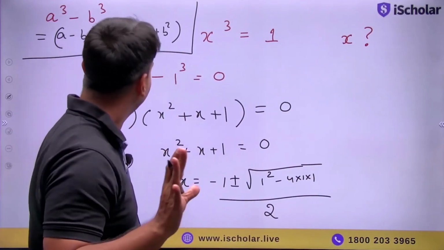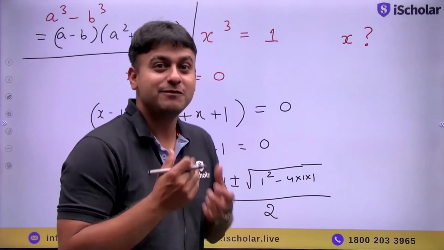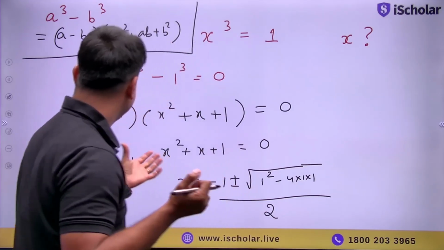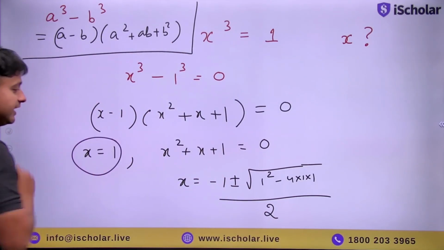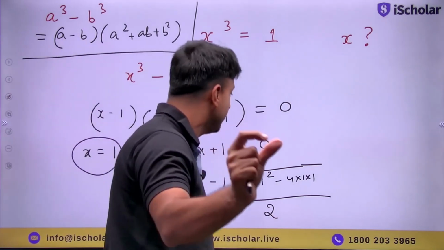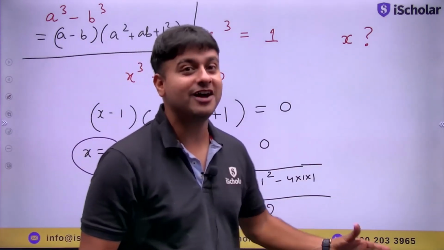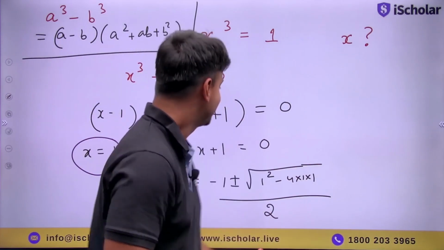Wow. Everybody would have thought that we might get some real answers. That is one of the real answers, that is x equals to 1, but we are getting two more unreal roots. So what are they?